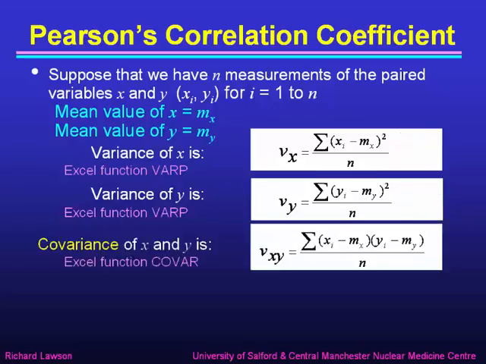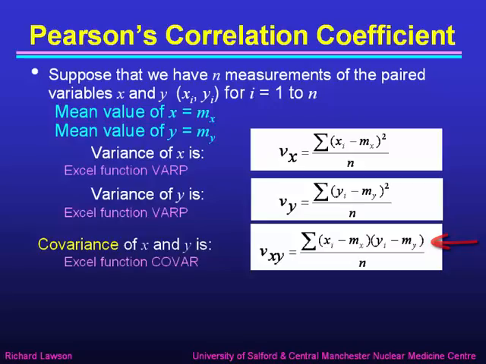But now we introduce a new quantity, the covariance, which instead of having the x deviation squared or the y deviation squared, has the x deviation, xi minus mx, multiplied by the y deviation, yi minus my. So to calculate the covariance, we multiply the x deviation by the y deviation, add them all up and divide by n, and that gives us the covariance vxy.